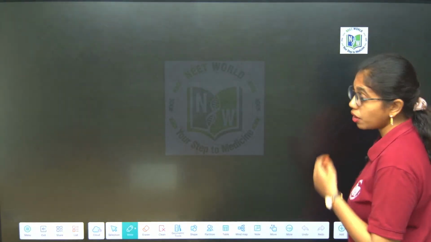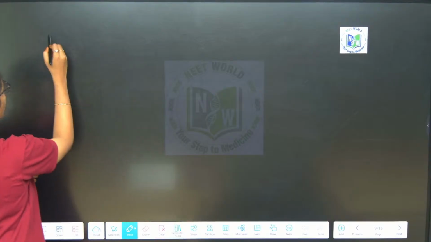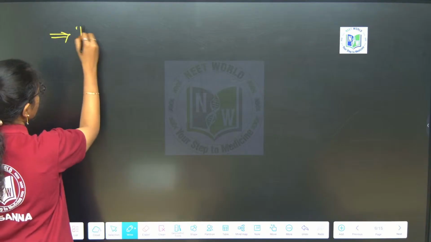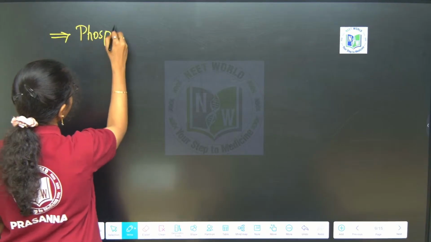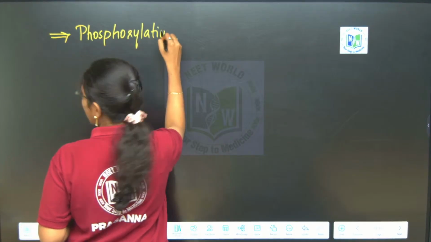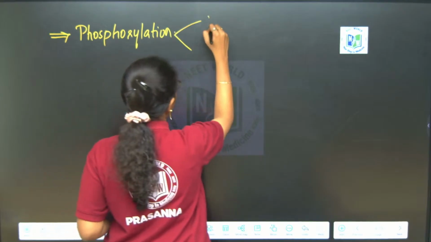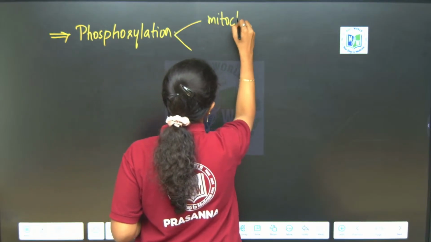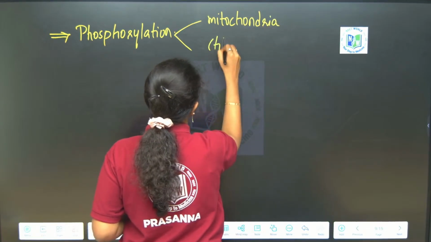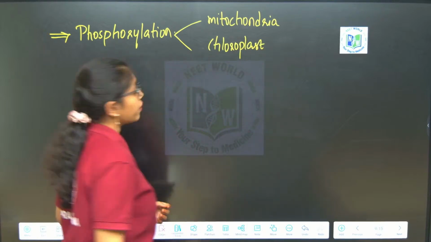This formation of assimilatory power can be read as phosphorylation. Phosphorylation happens in both organelles, mitochondria and chloroplast.